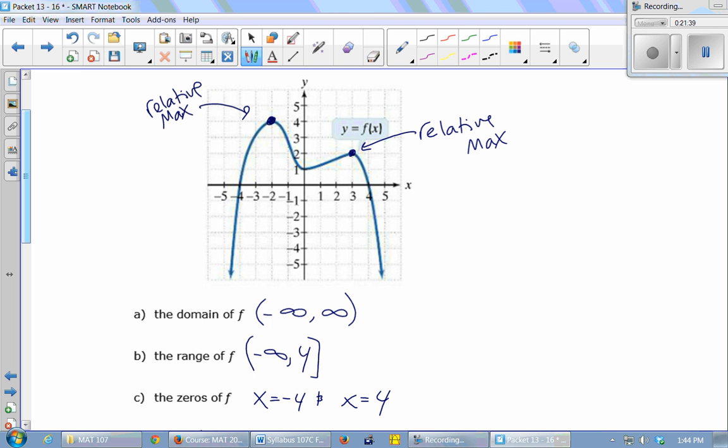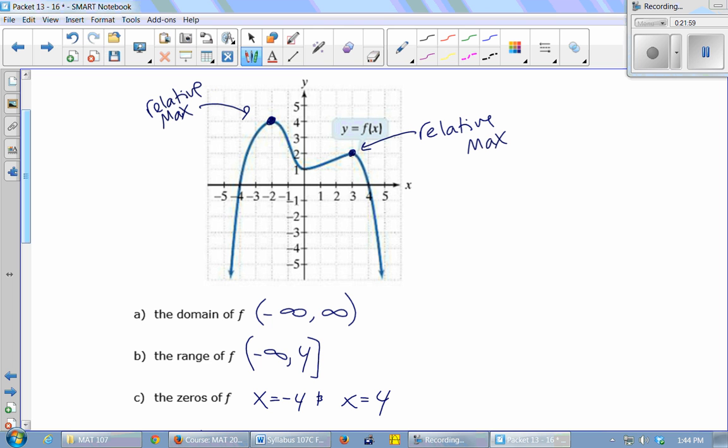So the way we defined a relative max was any place where the function switches from increasing to decreasing, where it turns around. So we have 2 of them. And that word max can be a little bit misleading because it might make you think the biggest point on the graph. Same thing with min.